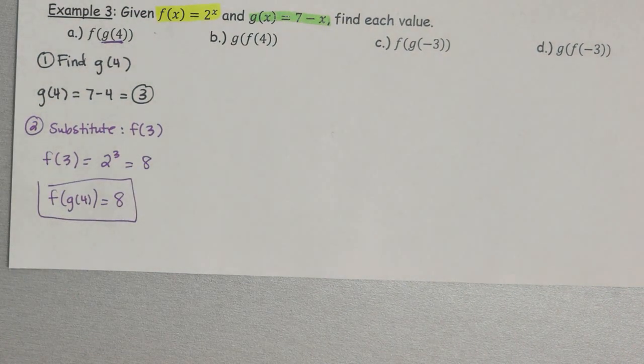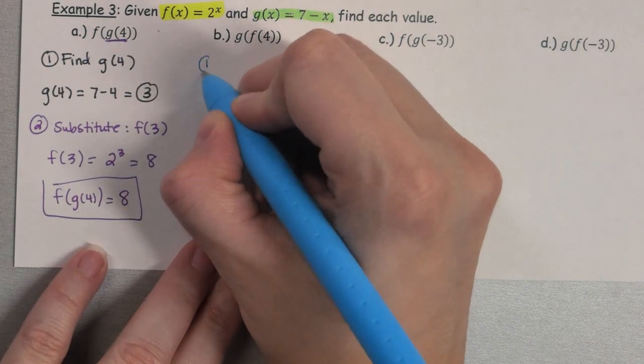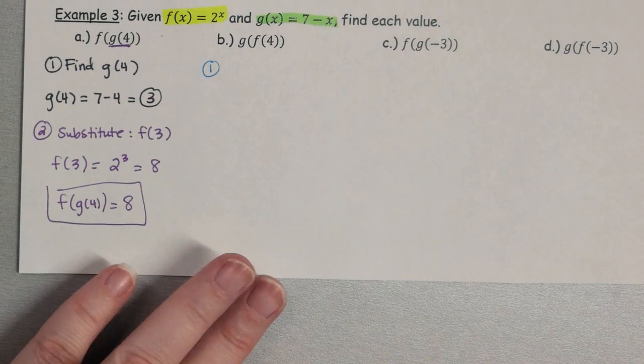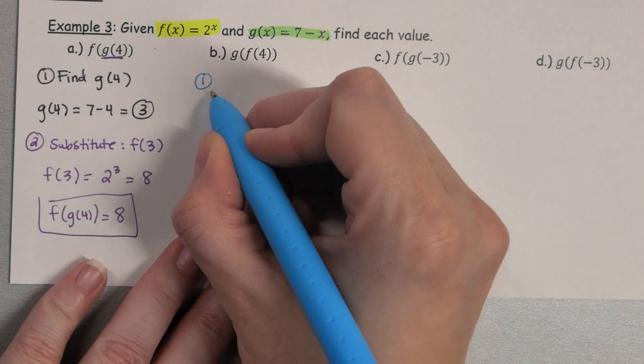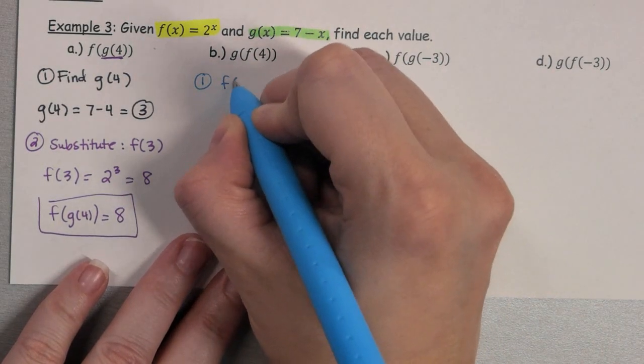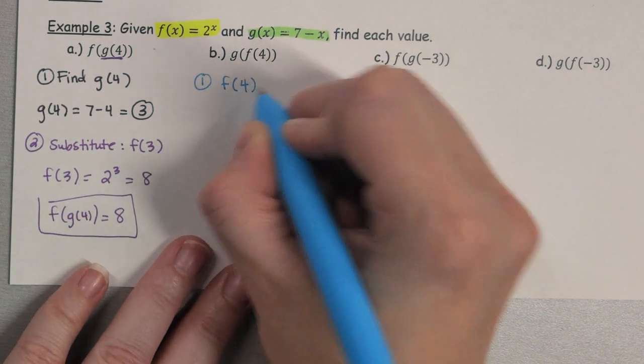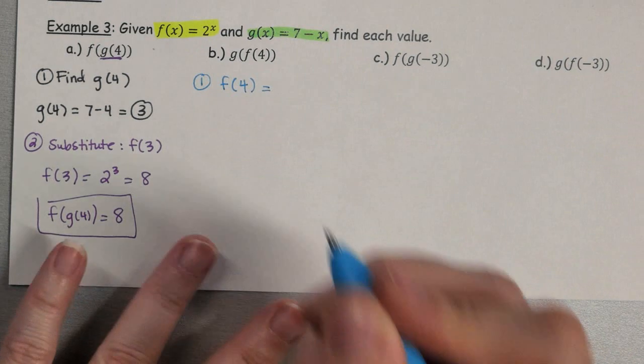So you're going to start from the inside, and then you're going to work your way out. All right? So that means for step 1, what are we going to find first for this one? F of 4. Okay, so you guys find f of 4.